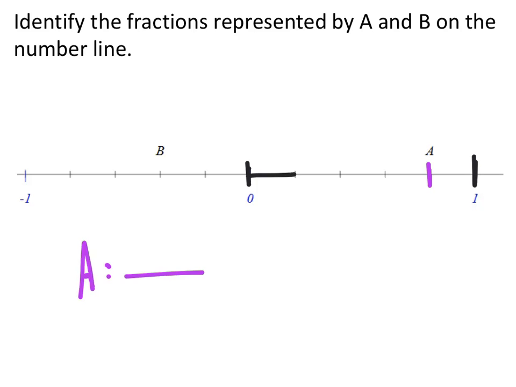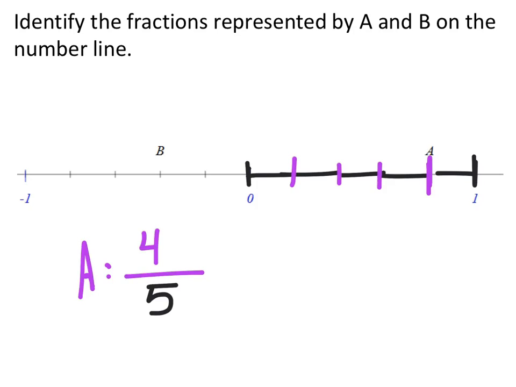Well, there's 1, 2, 3, 4, 5. So I can see that it's split up into fifths. And A was the fourth piece on that, because we had the 1, 2, 3, then that's the fourth piece. So that'd be 4 pieces out of 5, or 4 fifth-size pieces.